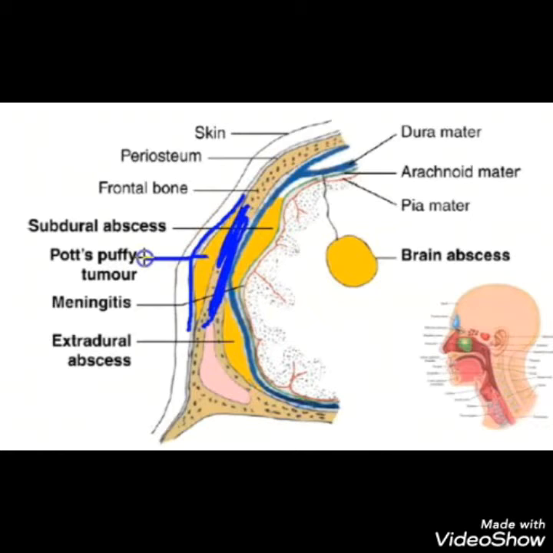Here is the diagram. Skin and periosteum are shown, and let's understand when the infection is beneath the periosteum, that is the layer of bone. See here, Pott's puffy tumor is marked with blue pen.